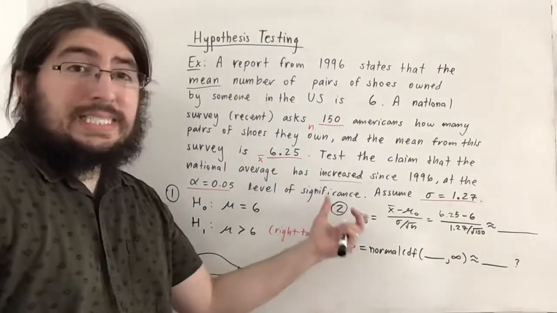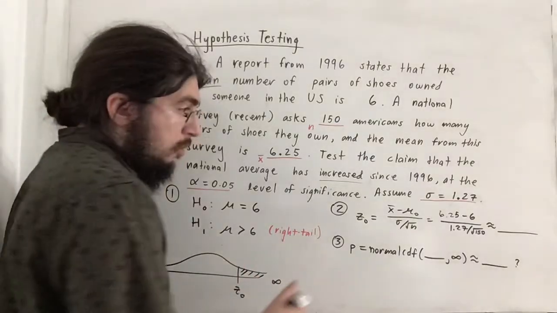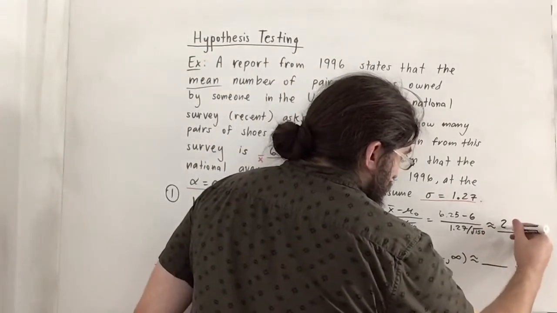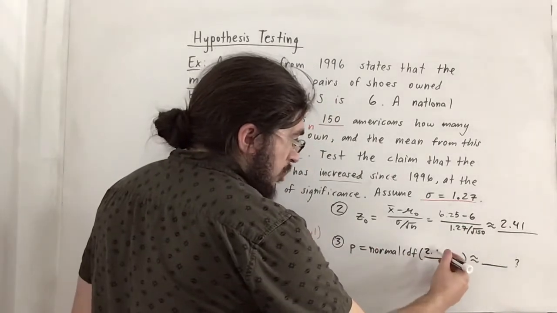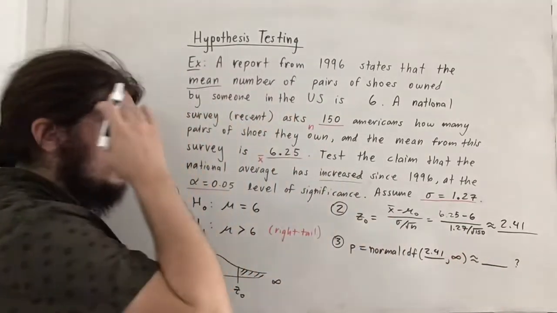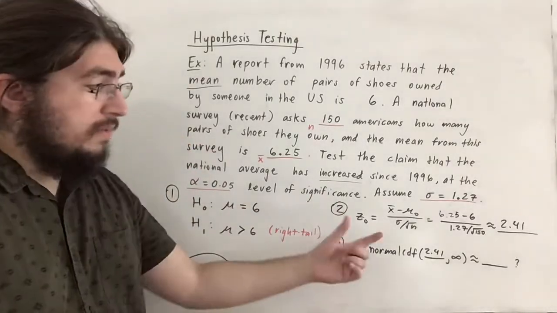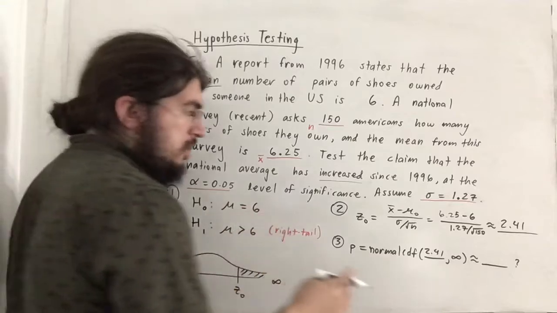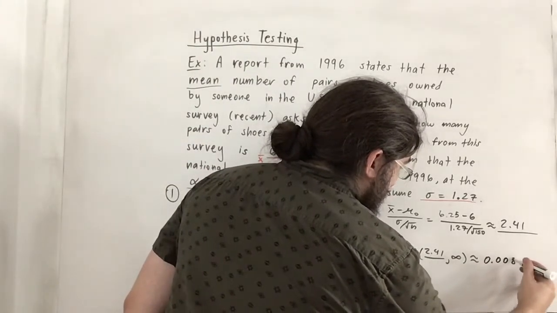For our test statistic in step 2, my calculator gave me about 2.41 if you round to 2 decimal places. If we take normal CDF from 2.41, our test statistic, to infinity, we get about 0.008. And that is extremely good.